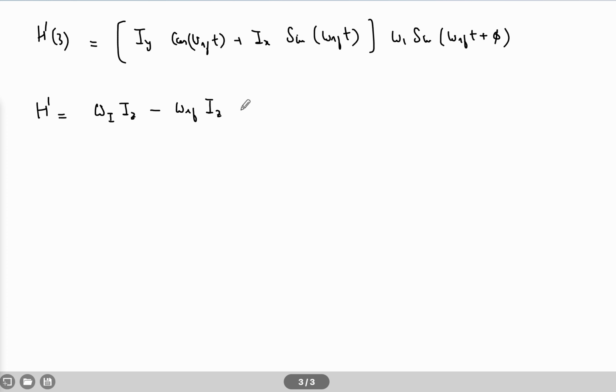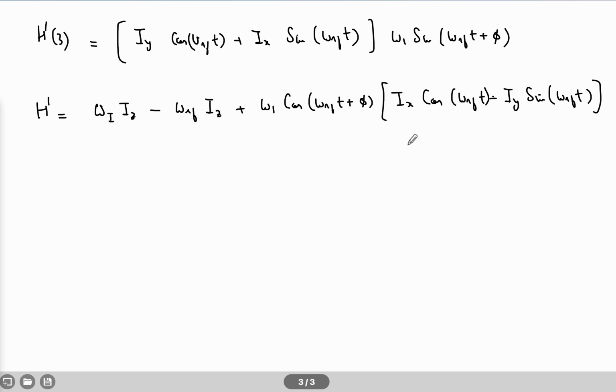Okay, and the rest of the two parts are now plus omega 1 cosine omega rf t plus phi, the Ix part, which was cos omega rf t minus Iy sine omega rf t. Okay.